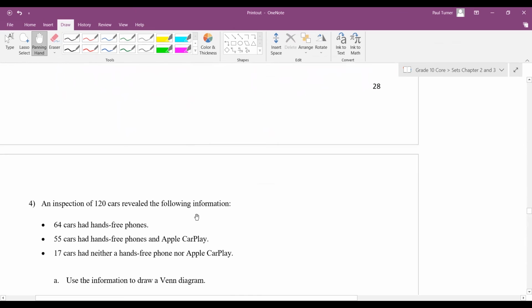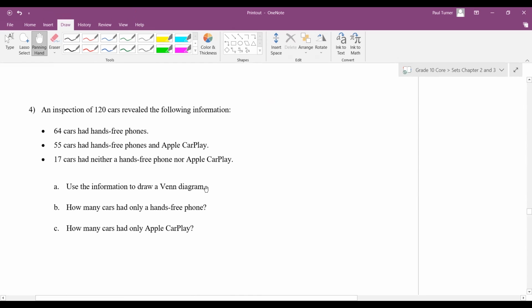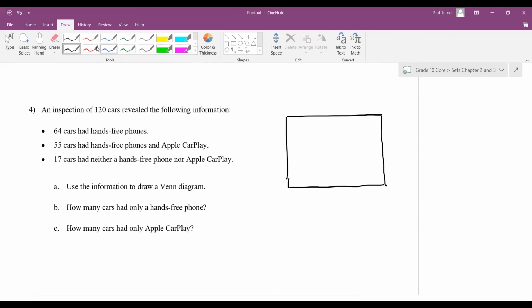So we only got like 10 minutes left. Question 4 is similar. So for your diagram, if you're working on that one, you draw your diagram, just check how many sets you've got. You've got hands-free phone, and you've got Apple CarPlay.